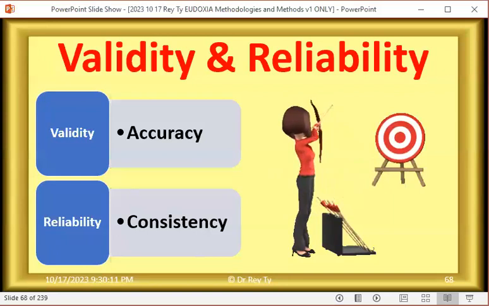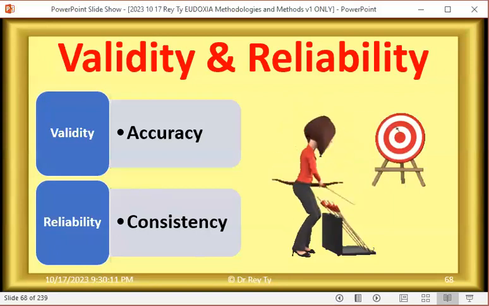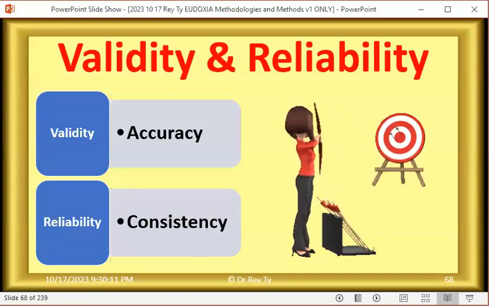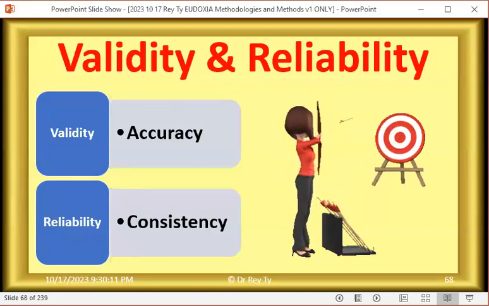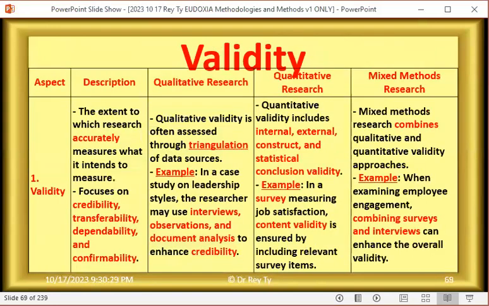In a word, validity looks at the accuracy. Like, can you hit the target or around the target area? Reliability is, do you always hit the target area or around the target area, to use it in plain terms? And you have validity.